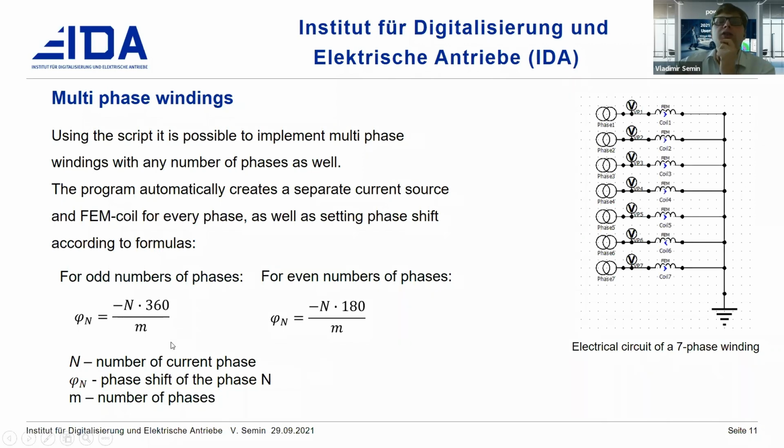One thing to mention is that one can see here the formula for the phase shift for different number of phases is different for whether it is for odd or even number. Yeah. Okay.